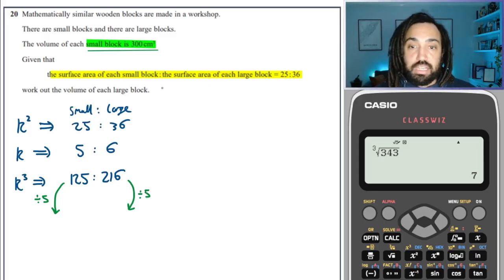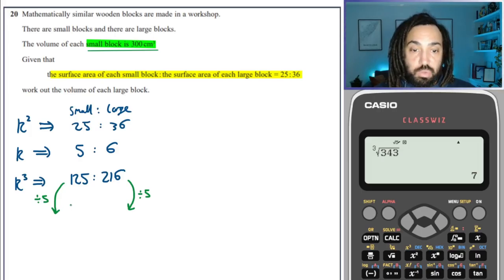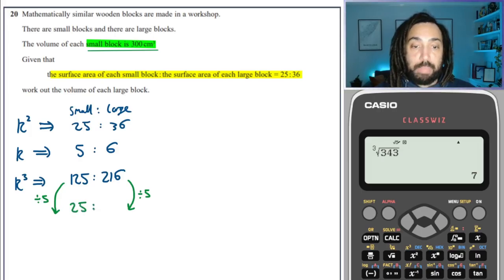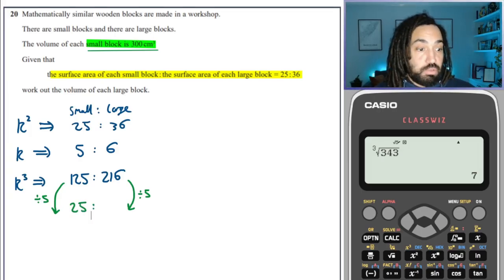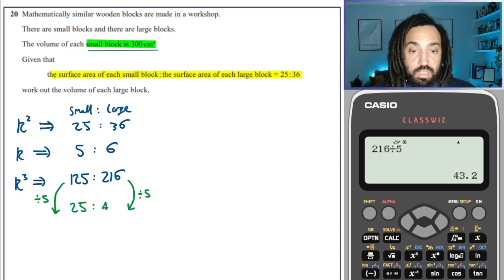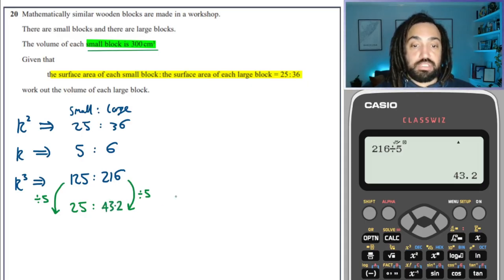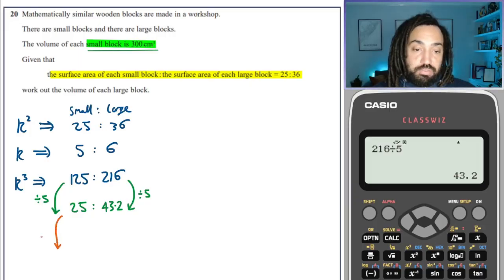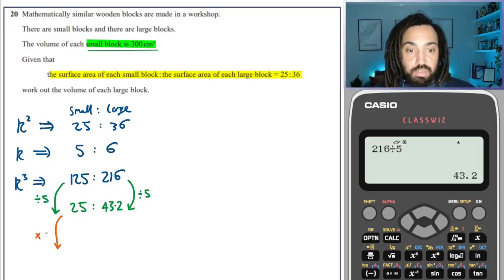That will give me 25 over here, which is a factor of 300, so that's going to be helpful. And on the other side, 216 divided by 5 is going to give me 43.2. Okay, so now I can multiply through by 12.